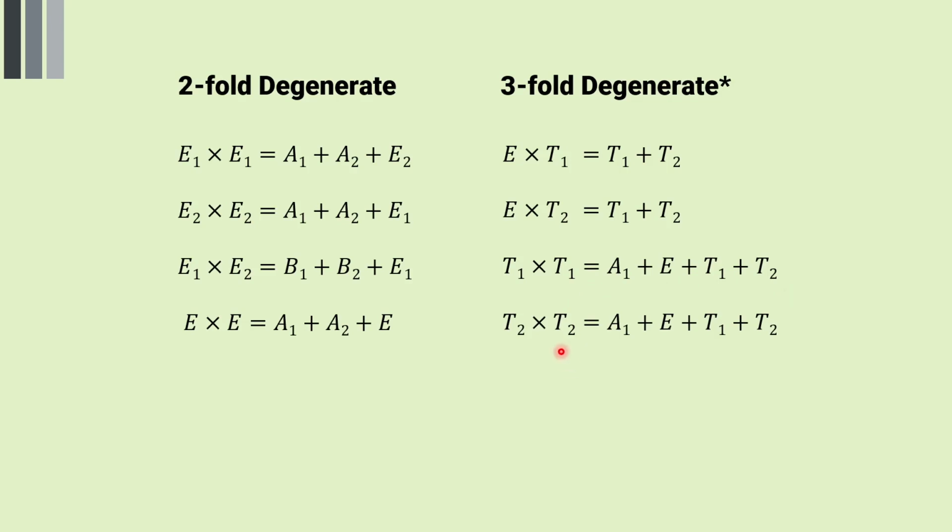If you multiply T2 with T2 for certain applications, you will find that it's again 3 into 3, that is A1 plus E plus T1 plus T2, the product would remain the same. T1 into T2 gives, instead of A1, you find A2, and A2 plus E plus T1 plus T2. So this kind of generalization is indeed very helpful.